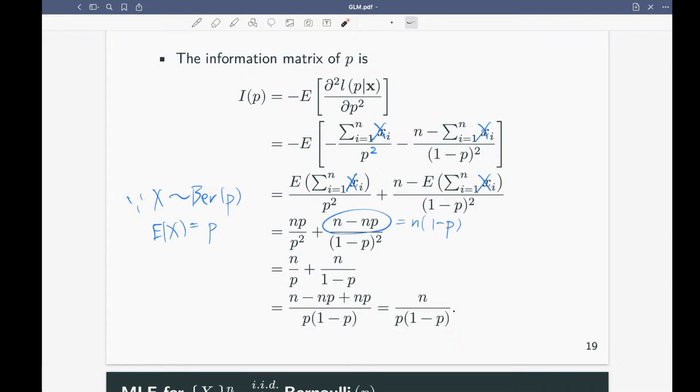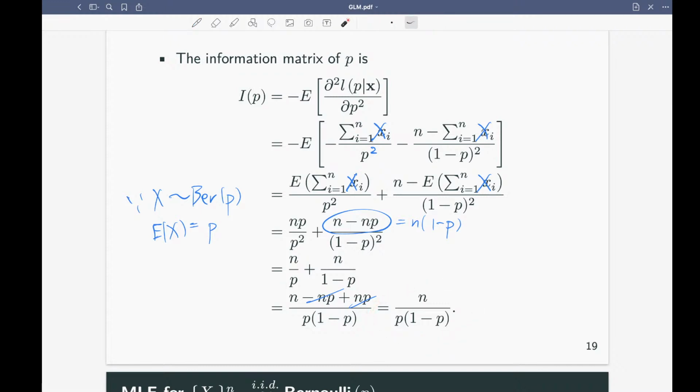So you can have one term deleted, n divided by 1 minus p. So you can combine these two terms. Okay, so here 1 minus p times n minus np, n times p. These two terms we can delete, so we have this result.